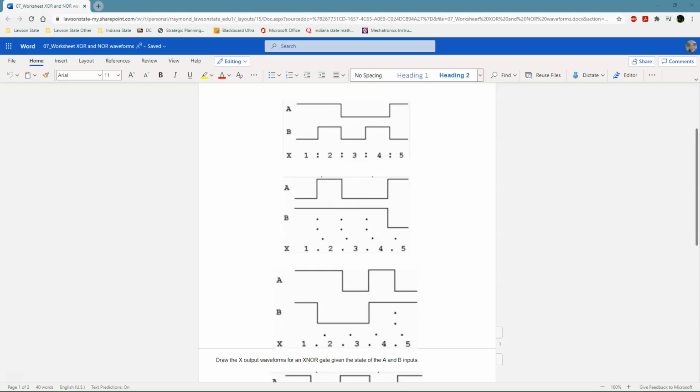So this is a 1, this is a 0, and this is still a 1, this one becomes a 1. And you get a 0 and a 0, a 0 and a 1. So this is going to be a 1 and a 0. Okay, so my output becomes 1, 0, 0, 1, 1.